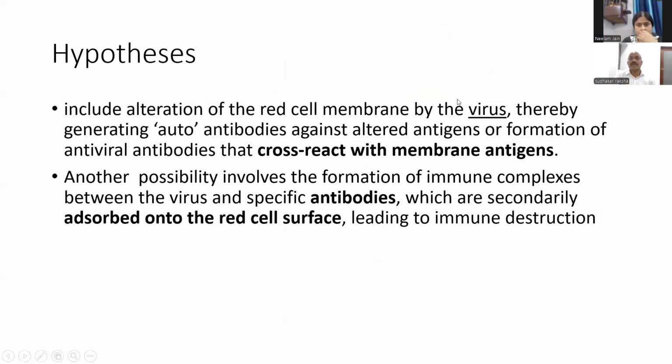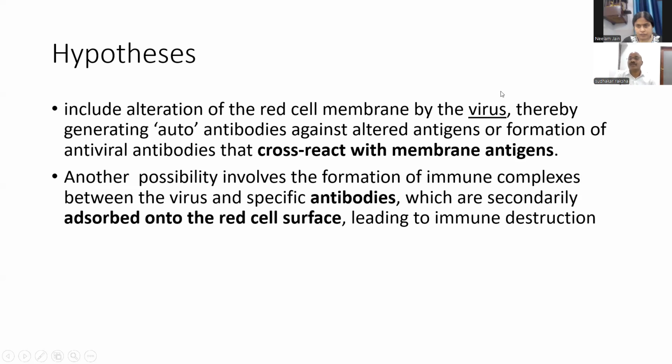So here in Evans syndrome, because of some viral infection, antibodies are produced. And these antibodies which are produced towards the virus, these antibodies will cross-react with the antigens present on the red cells and damage the RBC. That is autoimmune hemolysis.